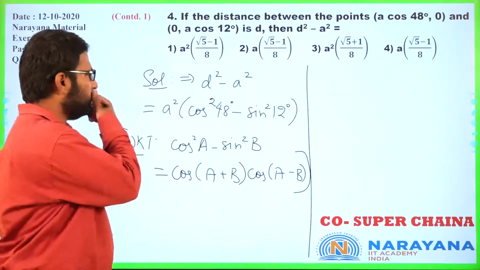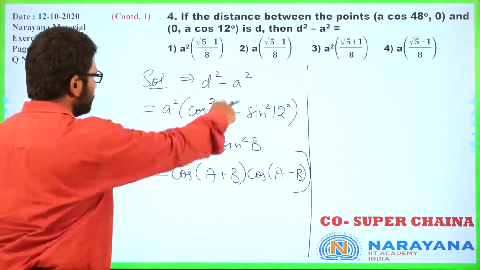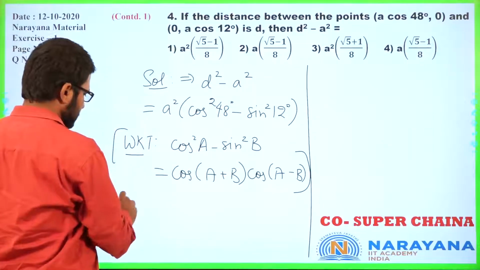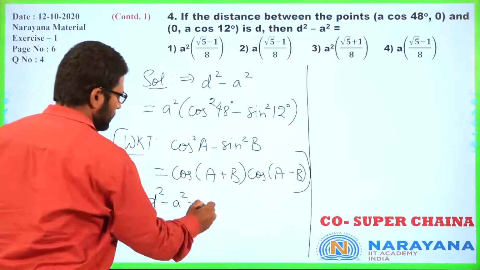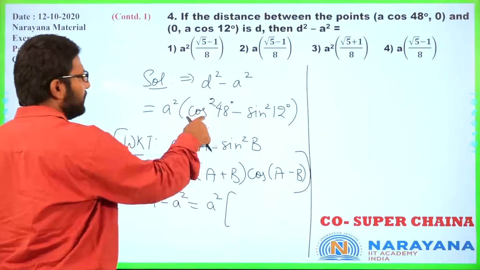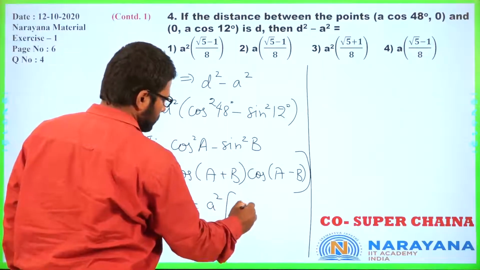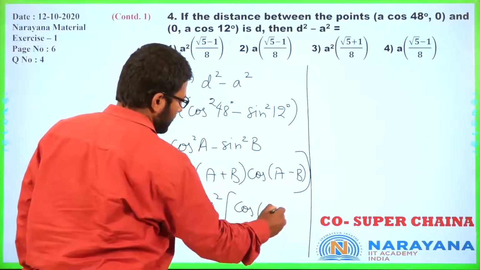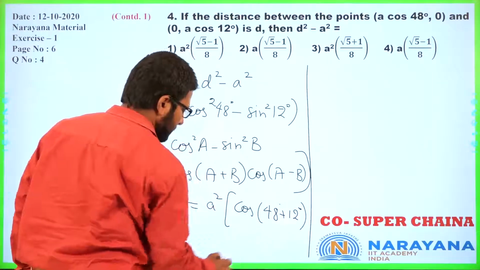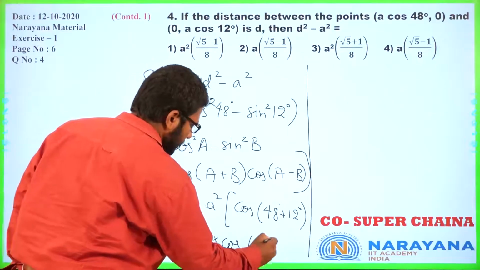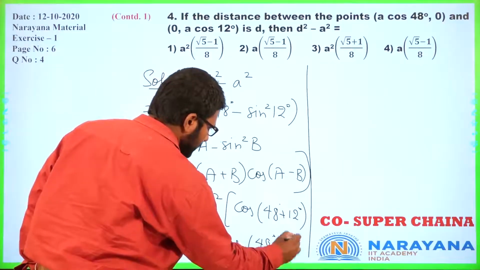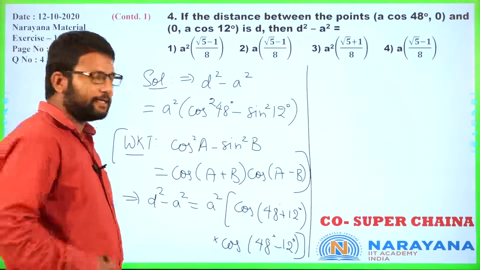Alright. So then using that, we have D square minus A square. It will simplify to A square into cos of 48 degrees plus 12 degrees into cos of 48 degrees minus 12 degrees, correct?